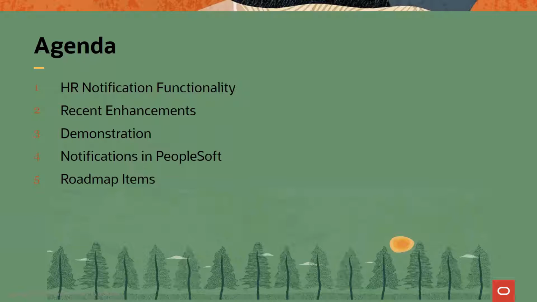Some of you may just assume that we only have this one framework, when in actuality, we have at least 3 different frameworks that we kind of work with, talk about, and that you might actually be seeing. And then at the end, we'll talk about some roadmap items.